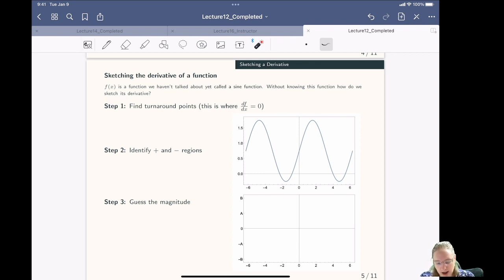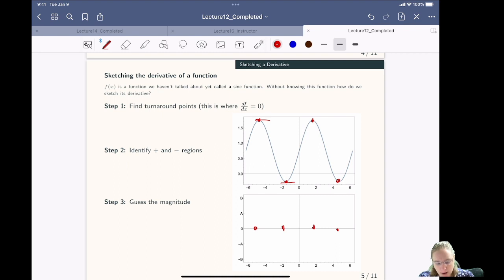There are actually 3 simple rules for doing this, and the first step is to find the turnaround points, where the function changes direction. Note, the tangent line is going to be flat here, and so the derivative is going to be 0. So we first find these points where the derivative equals 0, and we draw them at 0 here on our plot.